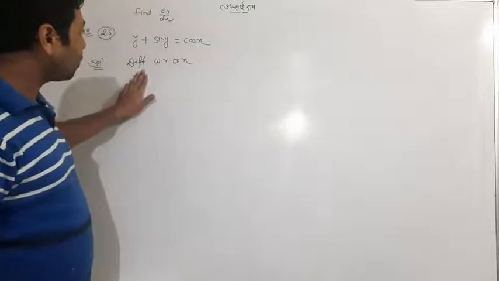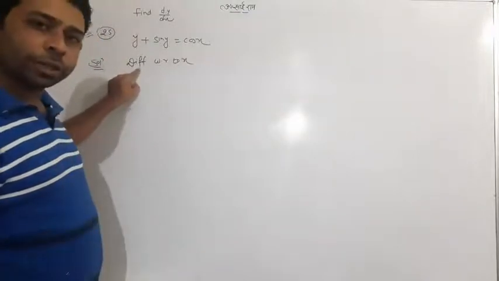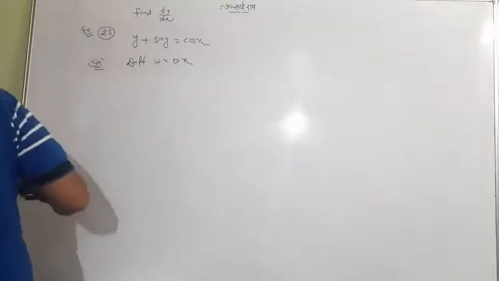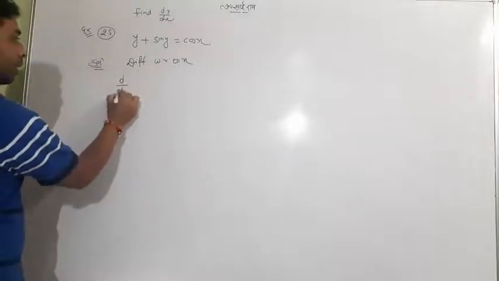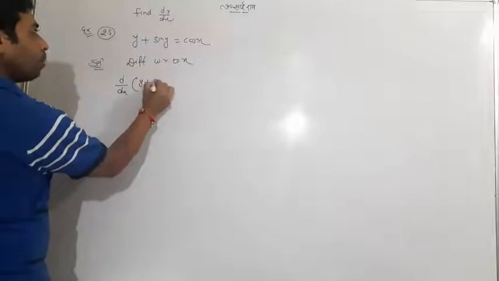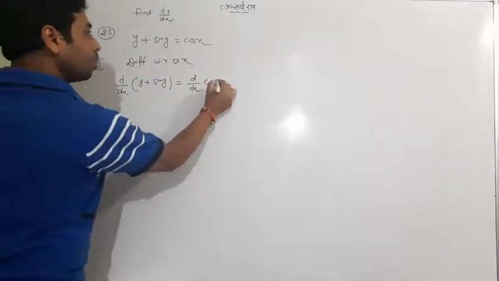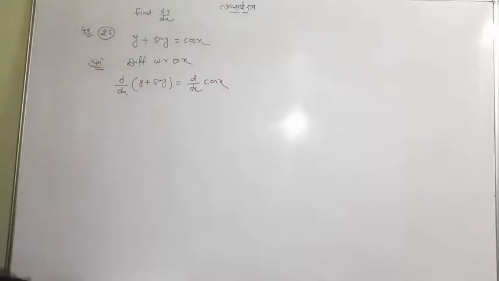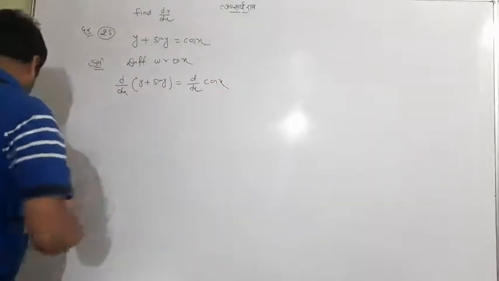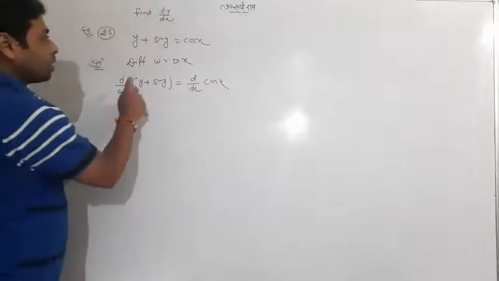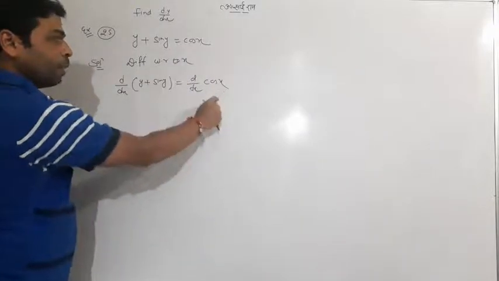This time we have to differentiate the equation with respect to x, so what will we write? d by dx of y plus sin y is equal to d by dx of cos x.